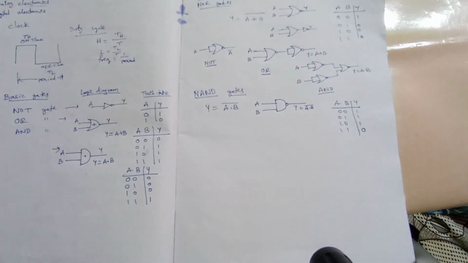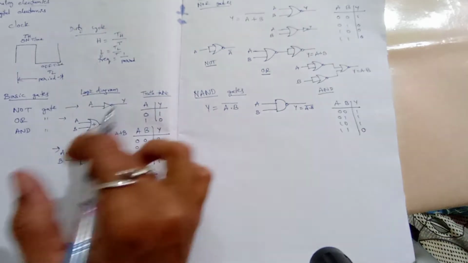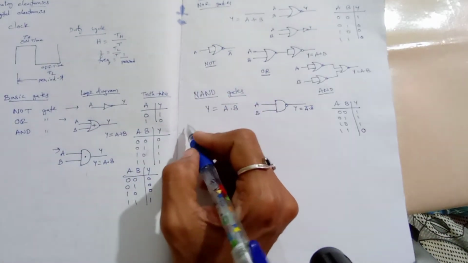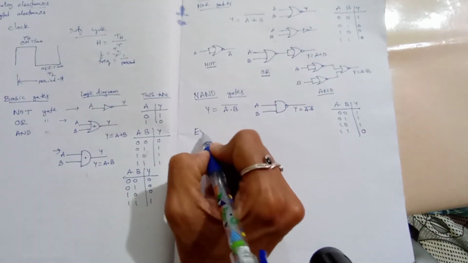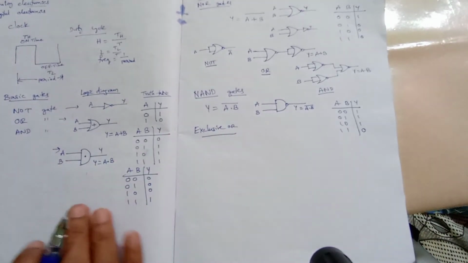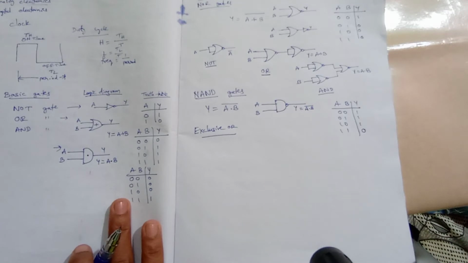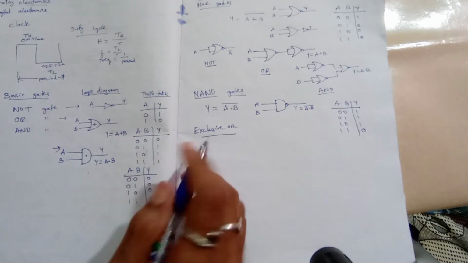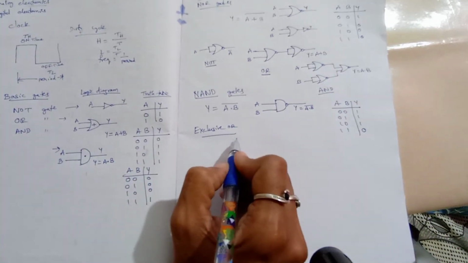This is about basic gates and universal gates. Now coming to next gate, exclusive OR gate. This gate with two or more inputs and output is high only when the number of high inputs is odd. If the high inputs are an odd number, then the output becomes high. Otherwise, this will be low.